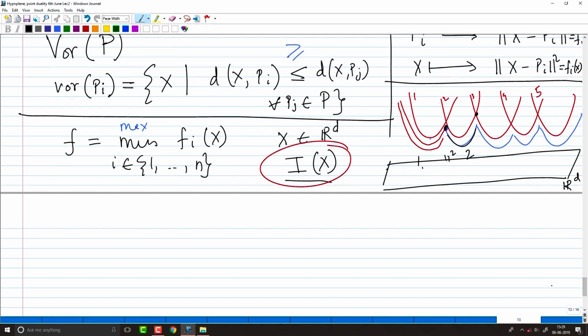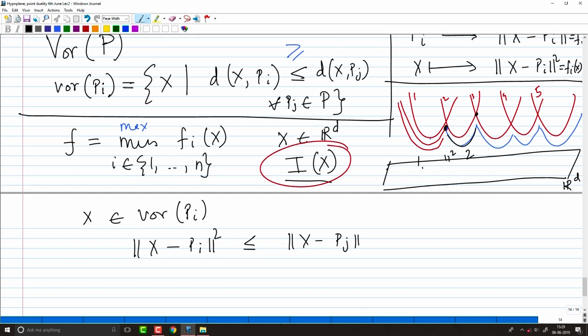So let's go back to the definition of the Voronoi diagram. Let's say x belongs to the Voronoi cell of p_i. What does that mean? That ||x - p_i||^2 is less than or equal to ||x - p_j||^2.